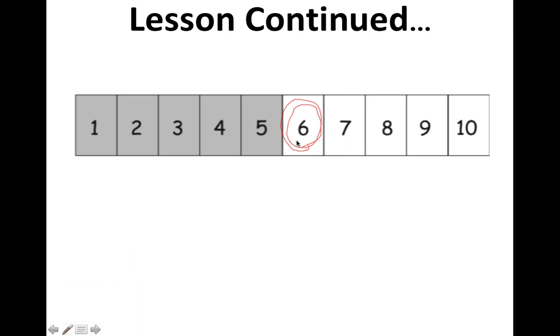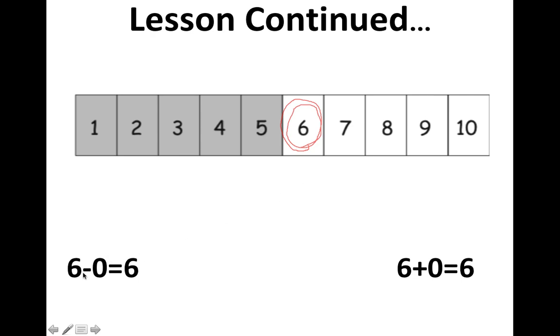I have 6, I moved forward 0 spaces. And remember, 0 in math means nothing. So if I'm moving nothing, that means I stay in the same space. What would the number sentence look like? I have 6 plus 0 equals 6, which means I didn't move a space forward or backward.